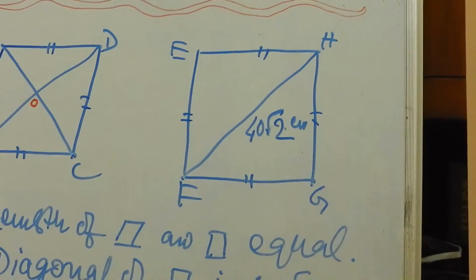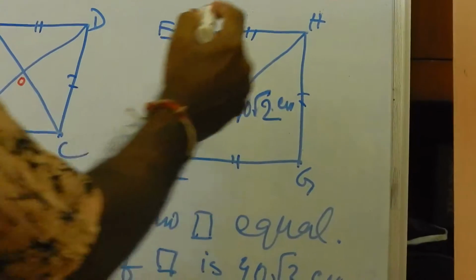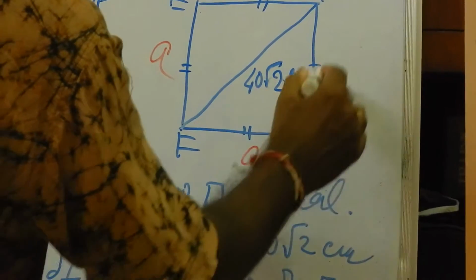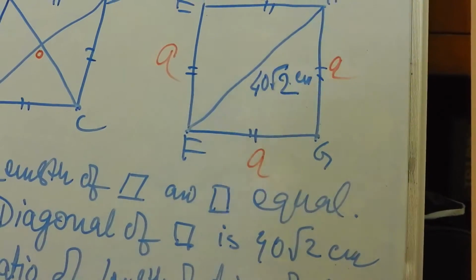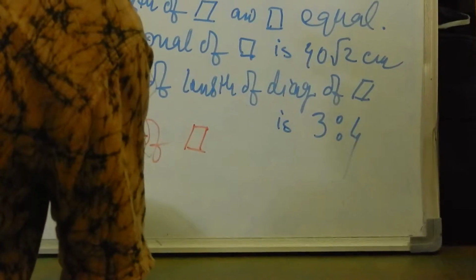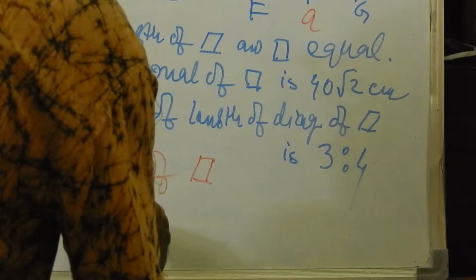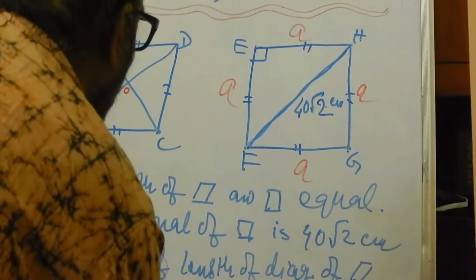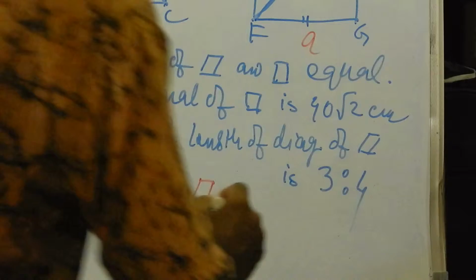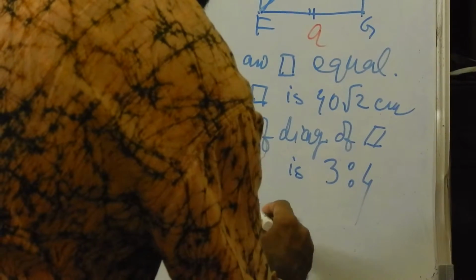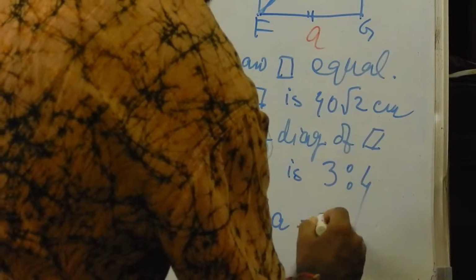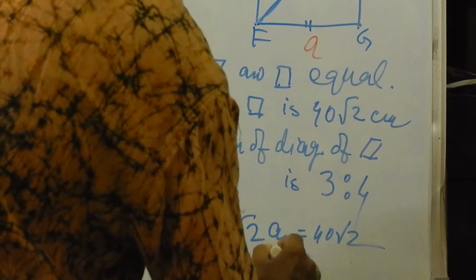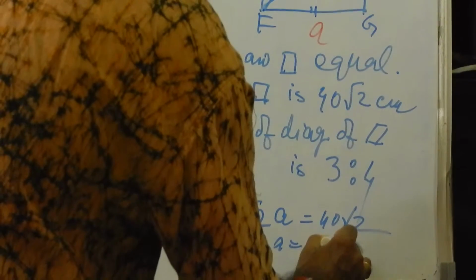As you know, in case of a square, if you take the side length as A, from square EFGH, √2A equal to 40√2. So A equal to 40 centimeter.